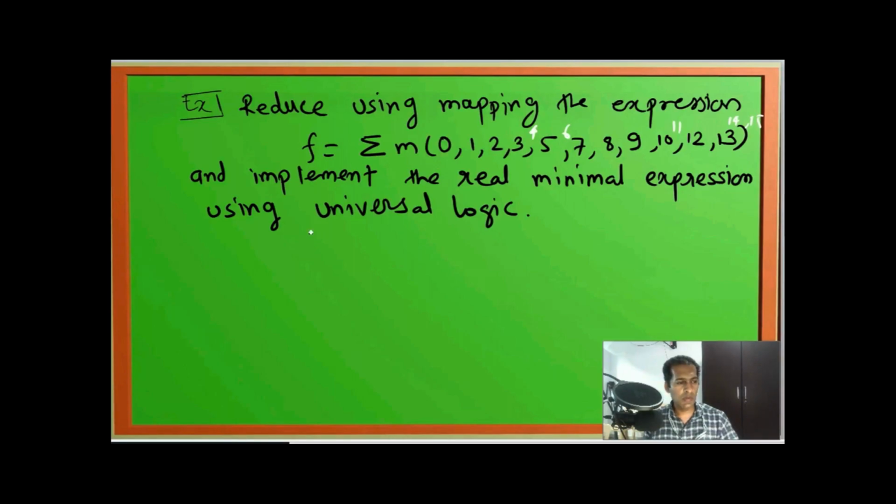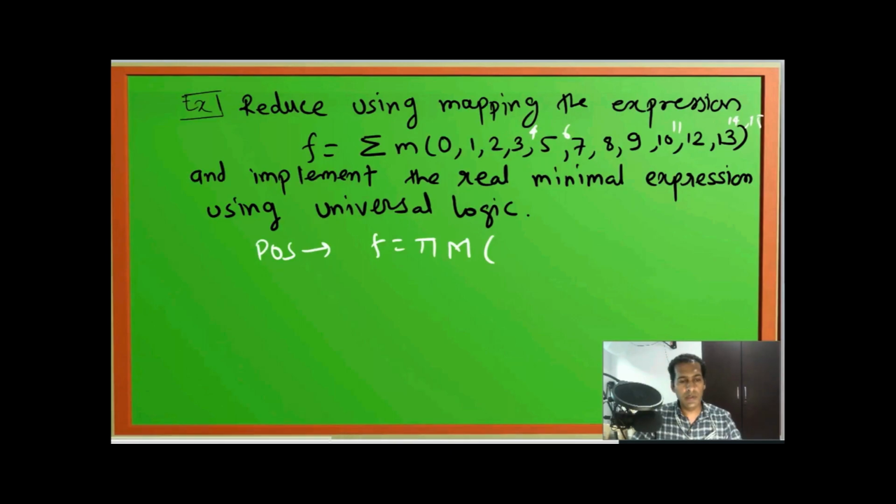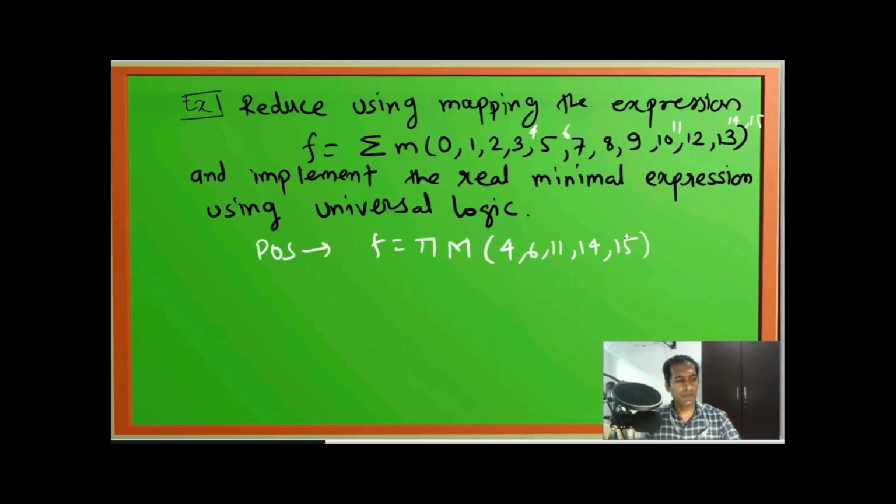So in POS form this function is given as capital M. For max terms, the remaining terms we can write here: these are 4, 6, 11, 14 and 15.